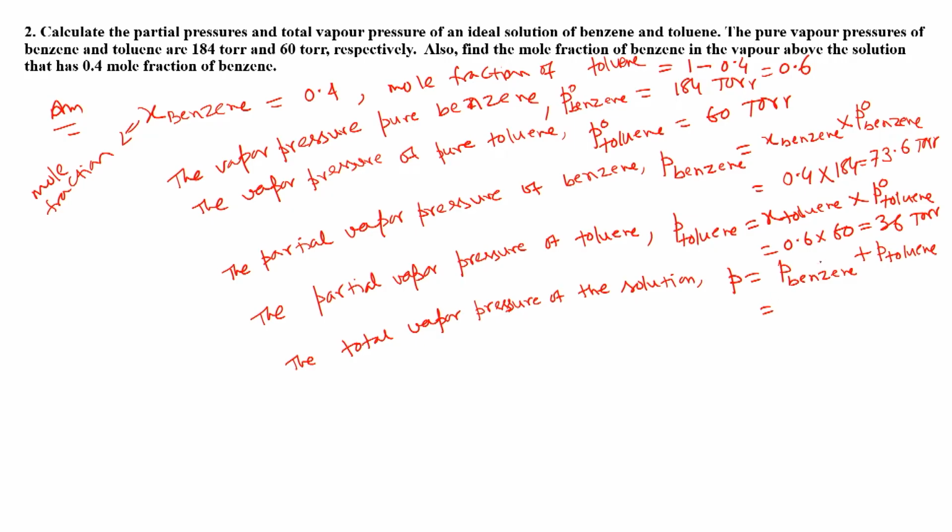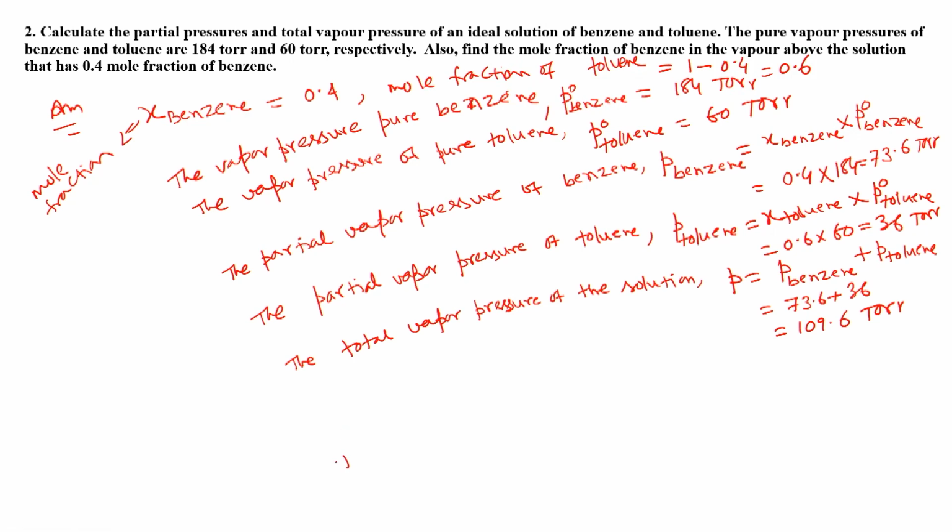If we substitute, P benzene is 73.6 and P toluene is 36. So we get 109.6 torr.